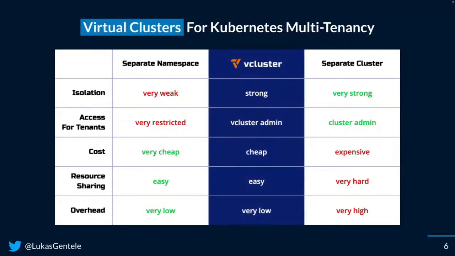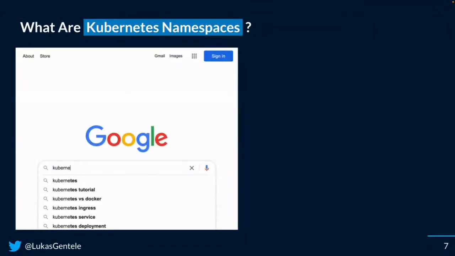With vCluster, we're trying to create a system that creates very strong isolation, similarly strong as separate clusters, while giving the tenant their own individual Kubernetes cluster, but at the same time running these individual Kubernetes clusters on the same shared Kubernetes cluster. So we have one Kubernetes cluster that runs little virtual Kubernetes clusters on top of it, so we can combine the benefits of both worlds.